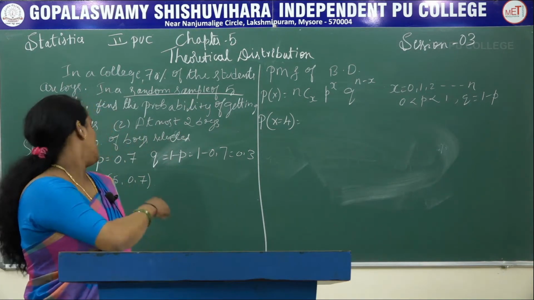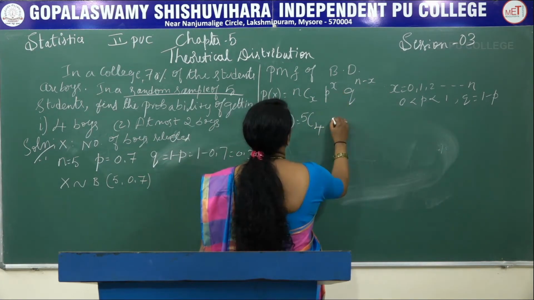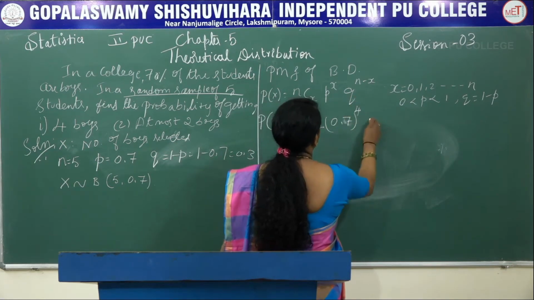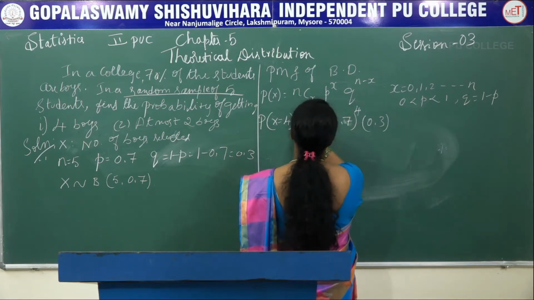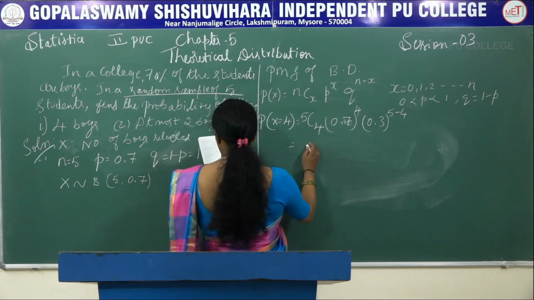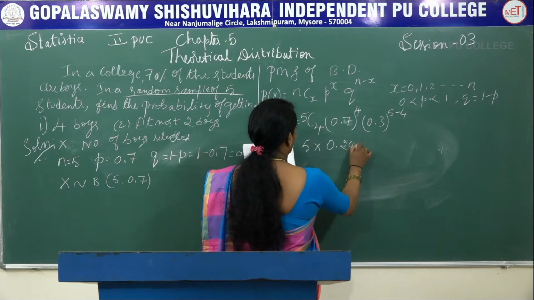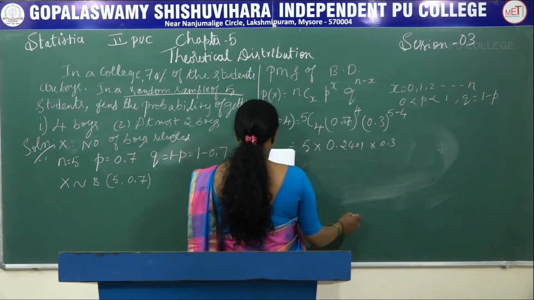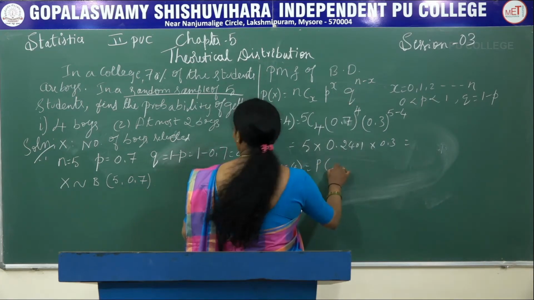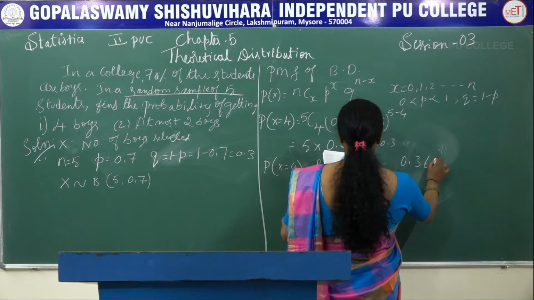Substitute everything in the PMF: 5C4, p is 0.7 power x equals 4, q is 0.3 to the power n minus x, which is 1. 5C4 is 5, into 0.7 to the power 4 is 0.2401, into 0.3. The probability of 4 boys is 0.36015.